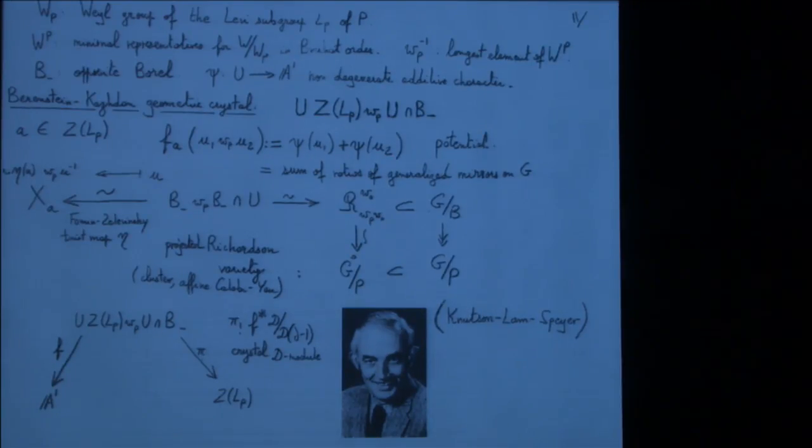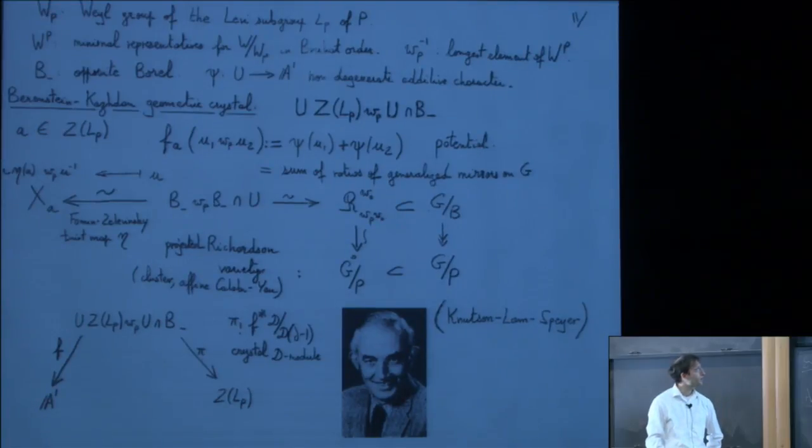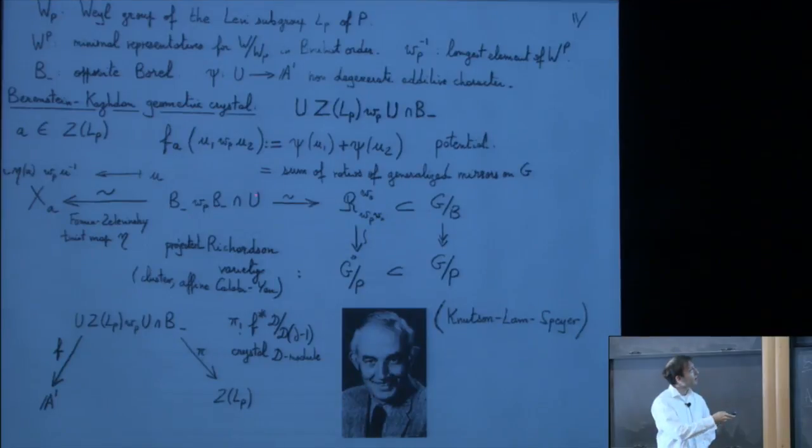That's the superpotential, and that's a remarkable recipe of Rietsch. Also Berenstein and Kazhdan, so I call it the Berenstein-Kazhdan geometric crystal, because independently and for completely different reasons, they had a similar construction around 2000.